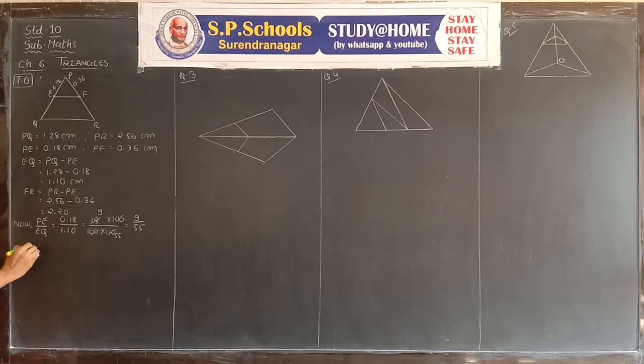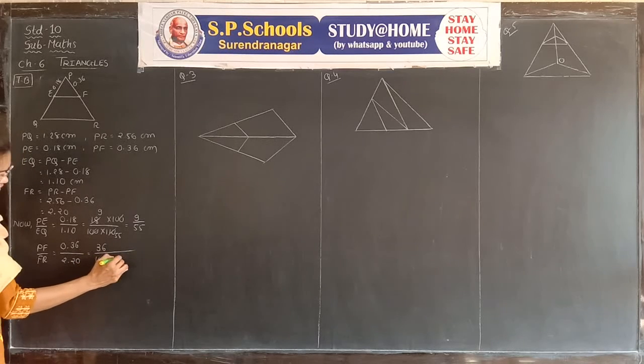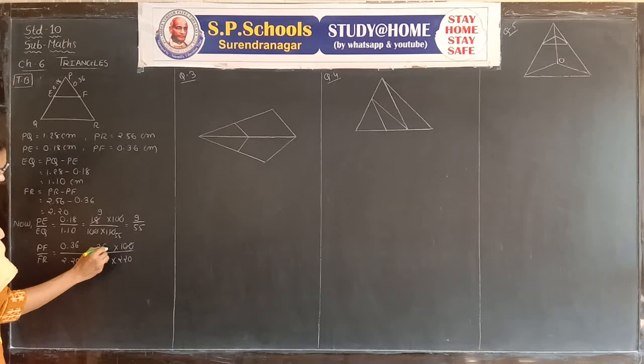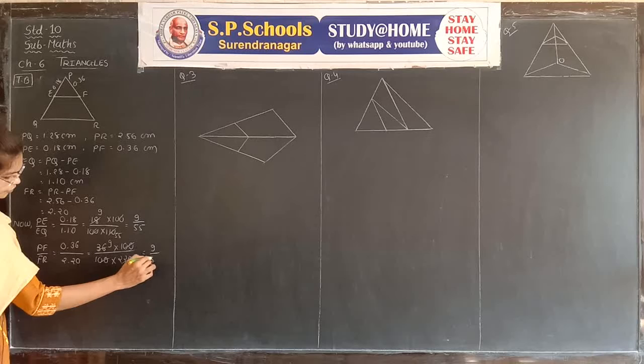Next is PF upon FR, where PF is equal to 0.36 and FR is equal to 2.20. Again remove the decimal point, 36 upon 100 and 220 upon 100. 100 cut, 4 9s are and 4 55s are, which is 9 upon 55.